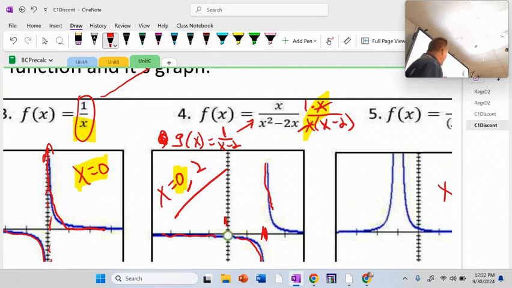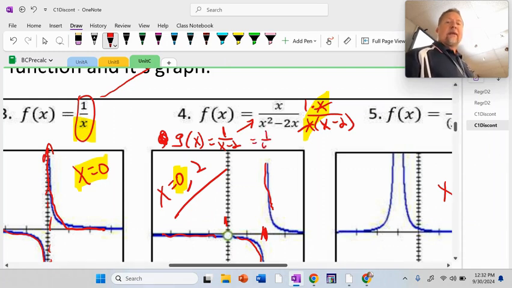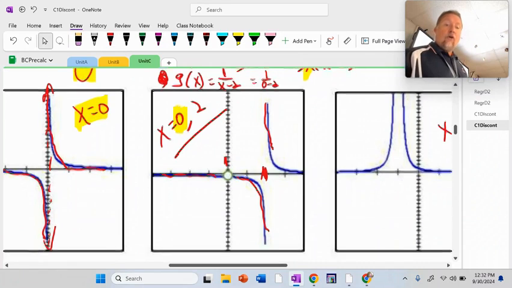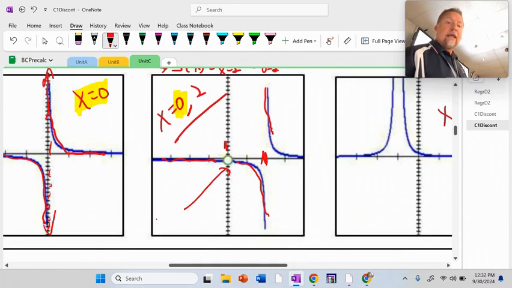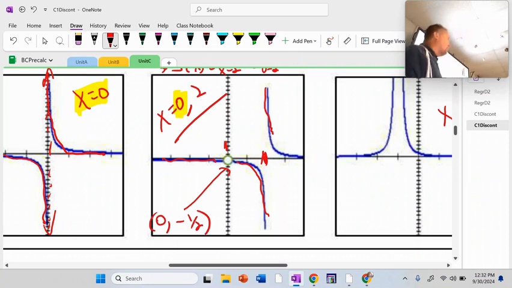So what coordinate does this have? 0, comma. Well, when I plug in 0, that is 1 over 0 minus 2. What's 1 over 0 minus 2? Negative 1/2. So this hole right here is located at 0, comma, negative 1/2. This is how you find the location of the hole.